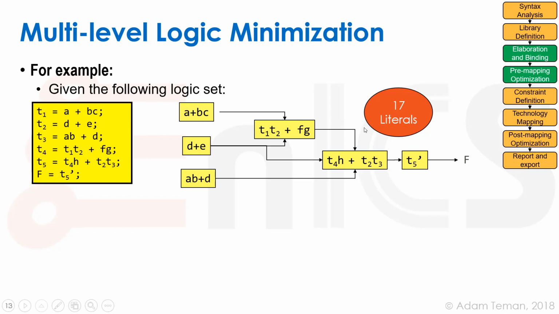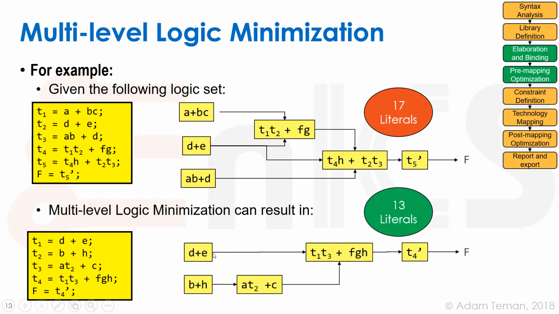Okay, so we had 17 literals, and if we play around with this with Boolean algebra or with different types of heuristics that can be applied for multi-level logic minimization, one of the possibilities we could come out with is a different set, which is exactly equivalent to the function of f over here, but we only have 13 literals, and that is considered, at least at this level of elaboration, as being a more optimal solution than the 17 literals. So this is what multi-level logic minimization is going to do, what we're going to try to be doing along the way.